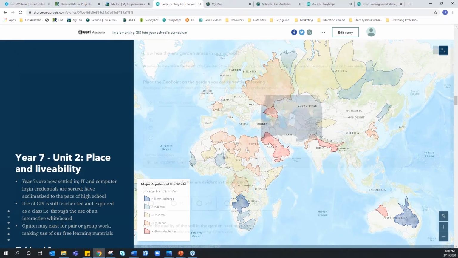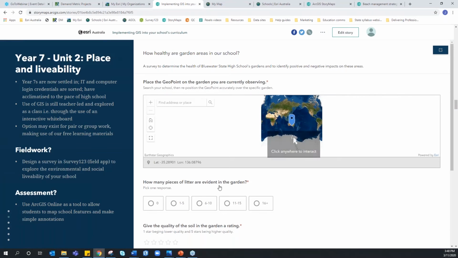If we start looking at the second unit, place and livability, I'm going to keep going with this anecdote I've got going. So the Year 7s, picture it's term 2. I know that many schools operate with geography for half the year, history for the other half. It's term 2 now, and the Year 7s are settled in.